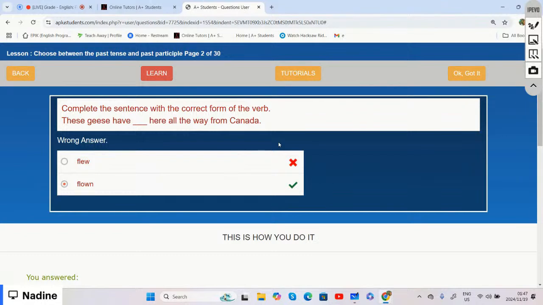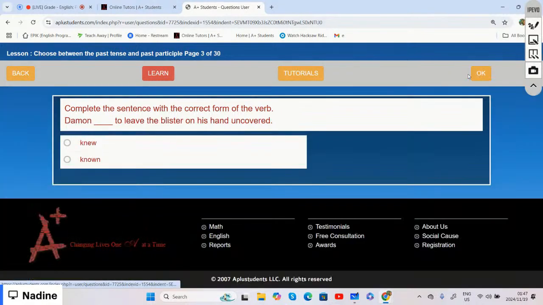But if we use the have in front, then you say flown, because flew is basically just a straight past tense. The bird flew past us. But once we use have, then grammatically we use flown. So that is a past participle.